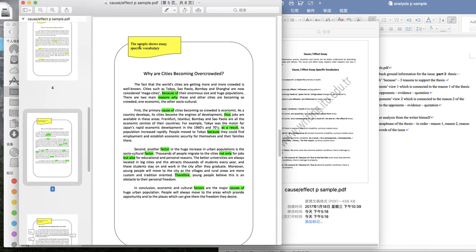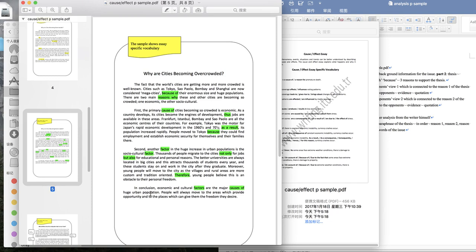Specific vocabulary, because it is a cause and effect paper. So these words show the reason, right? Reason, cause, reason. This is effect, reason, effect, reason.